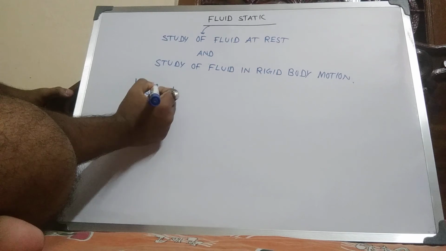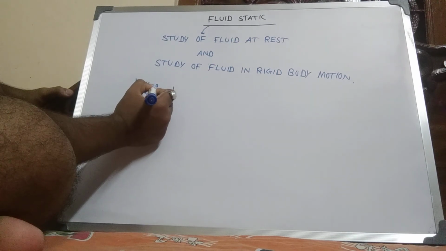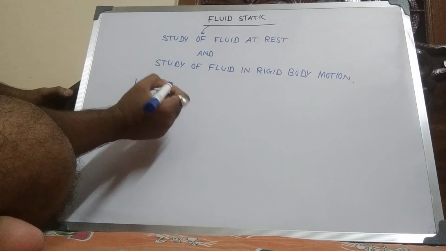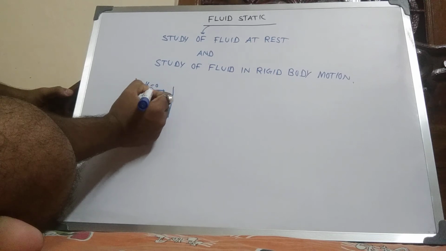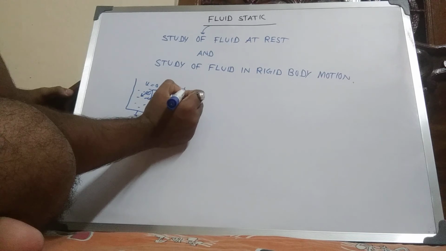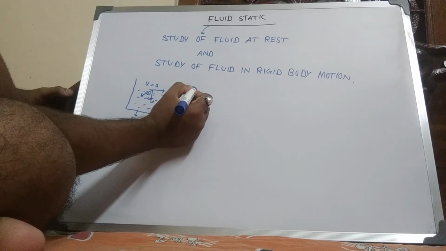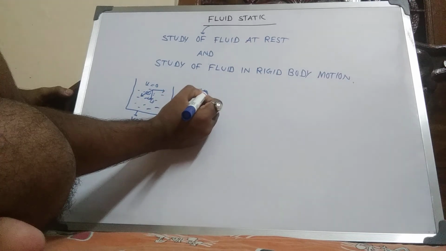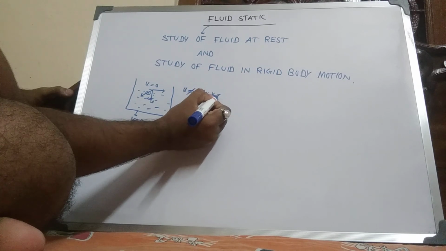So in the x direction velocity is 0, y direction velocity is 0, and z direction also. So u is not a function of x, y and z. Understand?